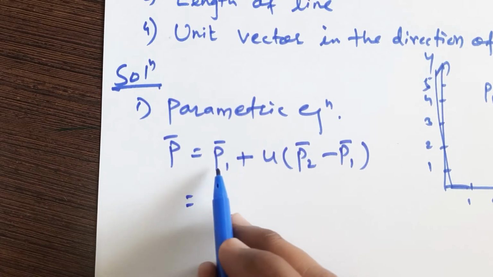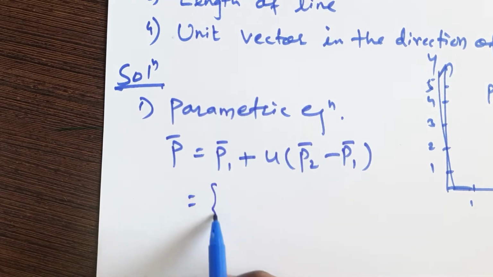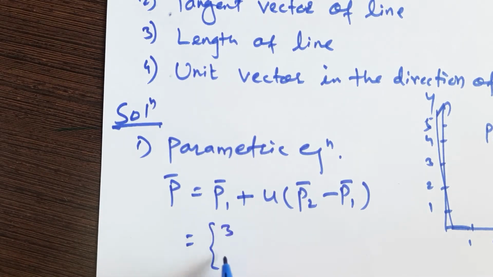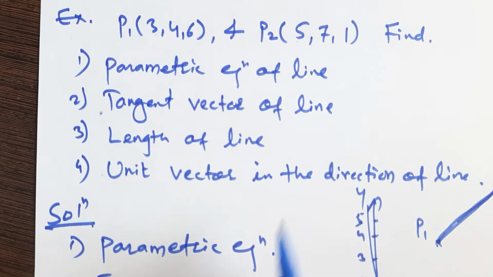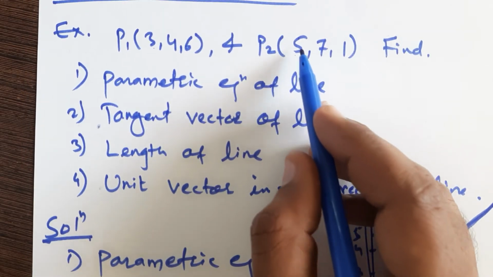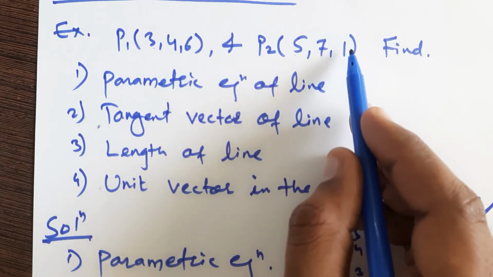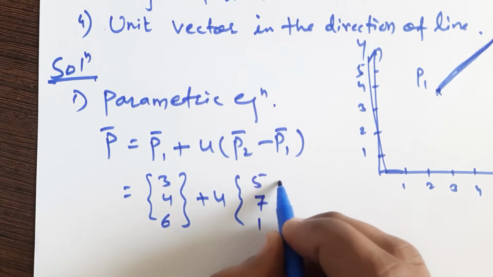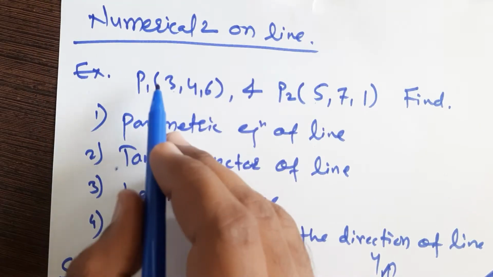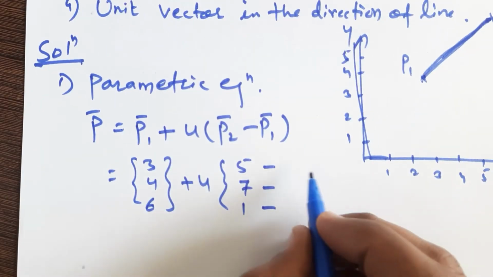Now you just have to substitute the coordinates of P1. The coordinates of P1 are 3, 4, 6, as given here, plus U times the coordinates of P2 minus the coordinates of P1. P2 is 5, 7, 1, so we write 5 7 1, minus P1, 3 4 6.